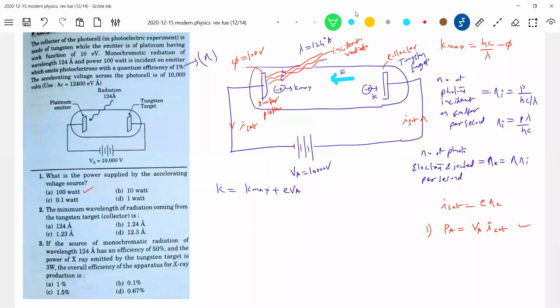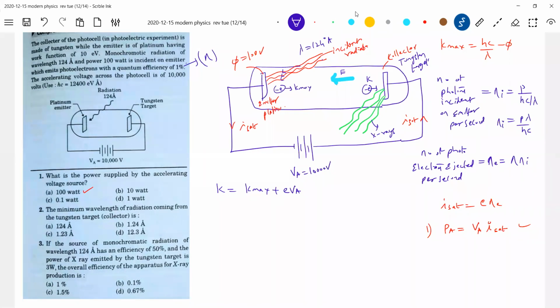We know if fast moving electrons strike a metal, we get X-rays. Okay, these are X-rays. So what is the minimum wavelength of radiation coming from the tungsten target?